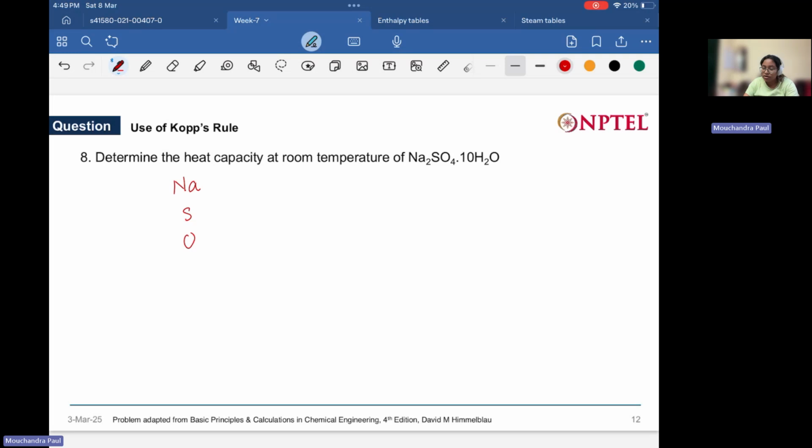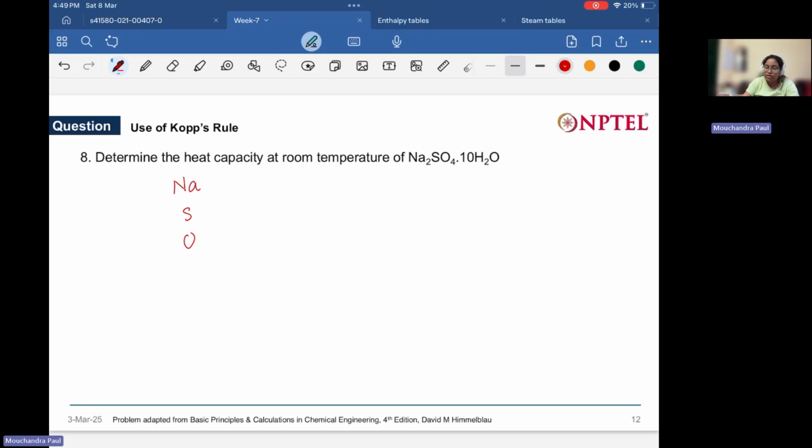And now from this atomic heat capacity table, we'll find first for sodium. So for sodium, we'll take 26. Here, please note the unit, it is joule per gram atom degree Celsius.